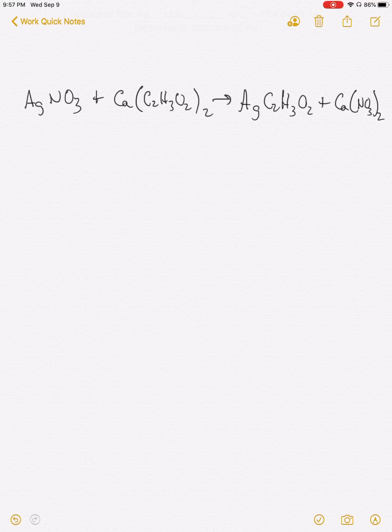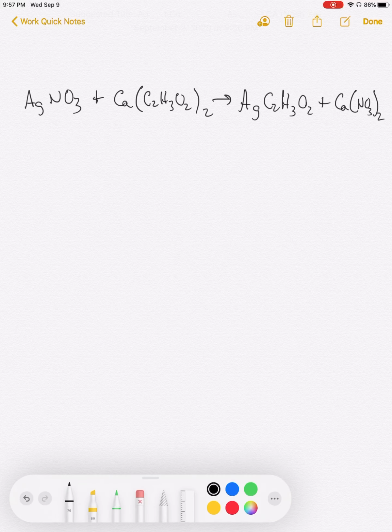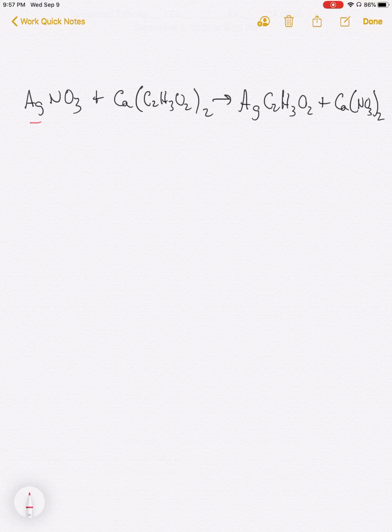On the left side of the equation, the silver is with the nitrate, but on the right side, the calcium is with the nitrate. And then here on the left side, the calcium is with the acetate.